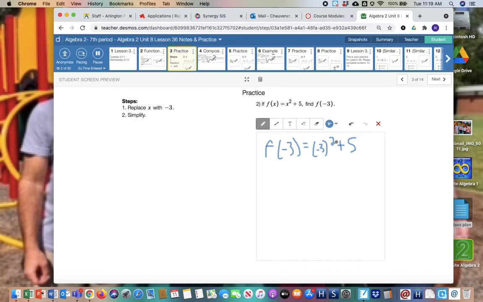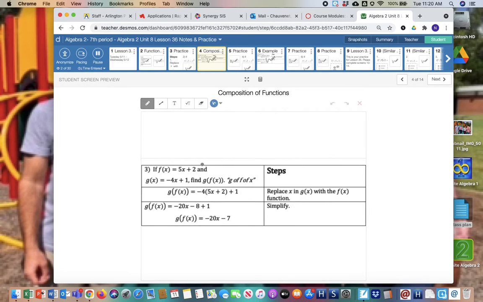Okay, so negative 3 squared is negative 3 times negative 3, which is positive 9. 9 plus 5 is 14. And then remember, you do want to have the notation here. So f of negative 3 equals 14. Okay? And again, what does this mean? It means when we put a negative 3 in, we got a 14 out. Alright, so that's just our basic steps.